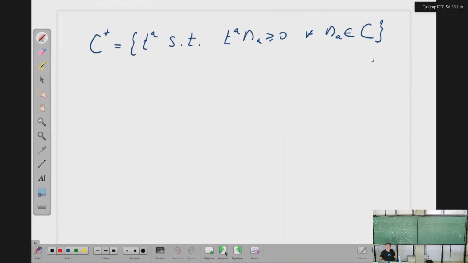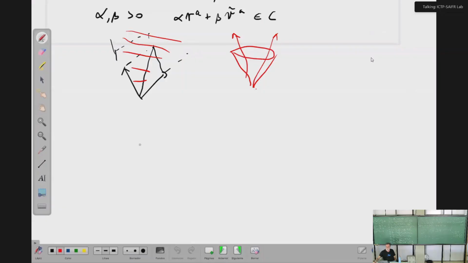Let me see what I did here. Okay. What is a cone of the system we saw today? This one that has three vectors here. L1, L2, and L3. You have these three vectors. What is a cone here?